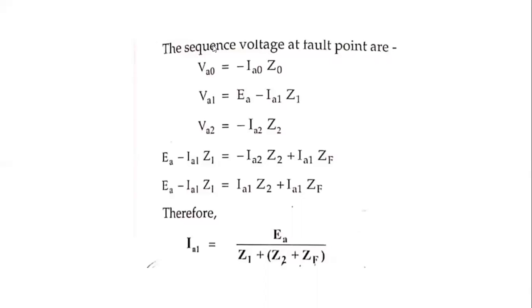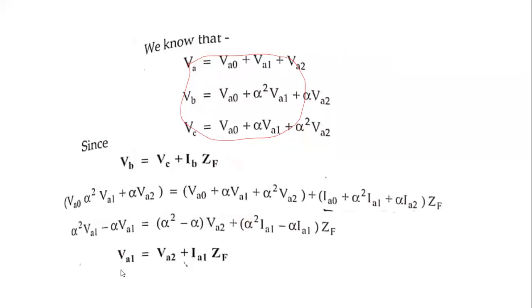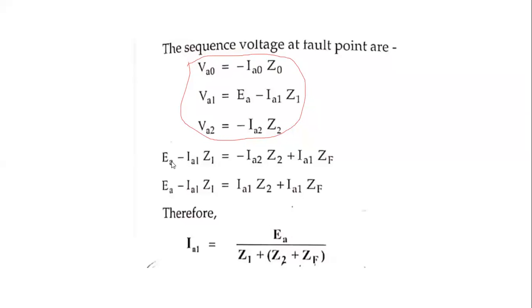Therefore, the sequence voltages in terms of the fault current are: VA naught is equal to minus IA naught into Z naught, VA1 is equal to EA minus IA1 Z1, and VA2 is equal to minus IA2 Z2. We substitute these formulas in the previous equation, VA1 equal to VA2 plus IA1 into ZF.